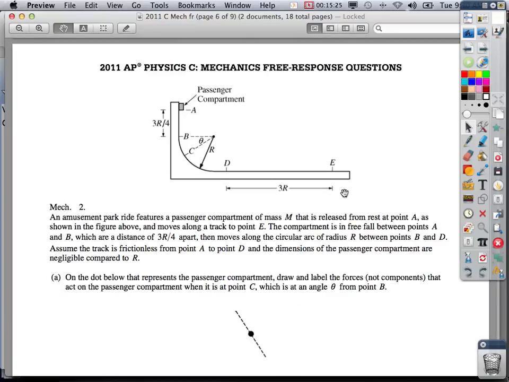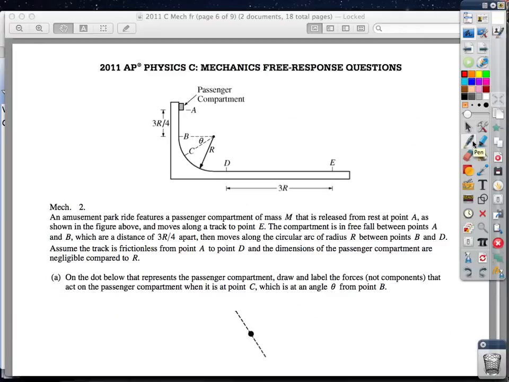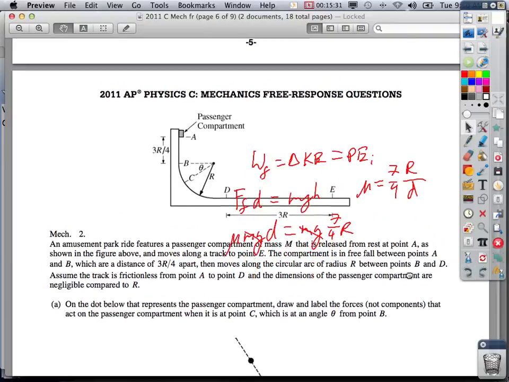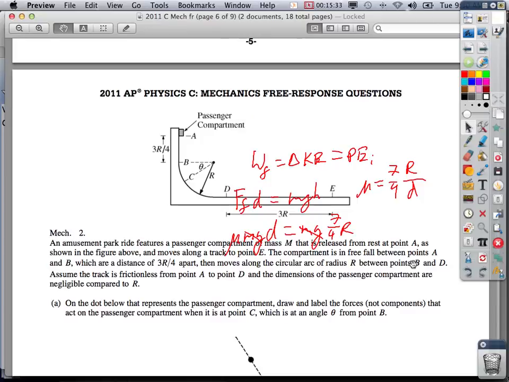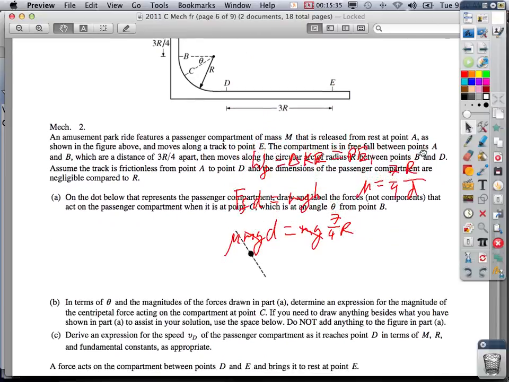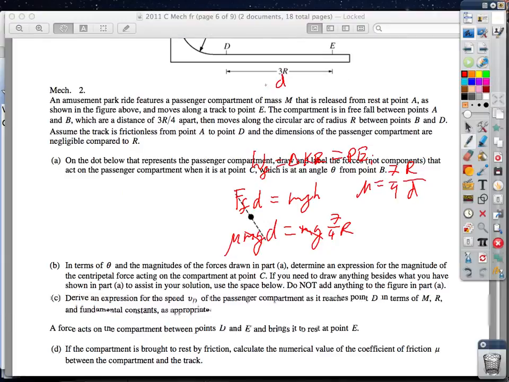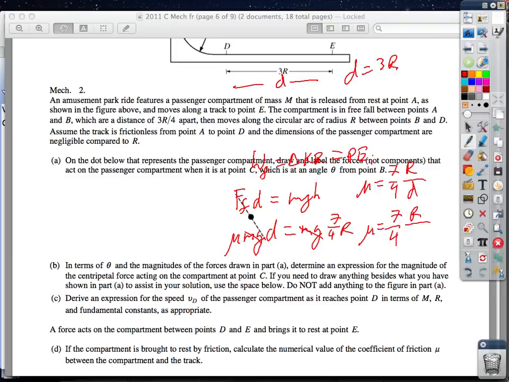Oh, okay. My answer was mu is 7/4 r over d, and what they're telling us here is that d is 3r. So I can plug that in there. I get mu is equal to 7/4 times r over 3r, and so I get 7/12, and that's the answer.